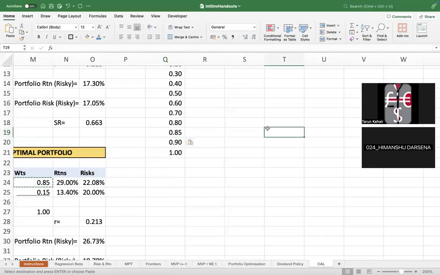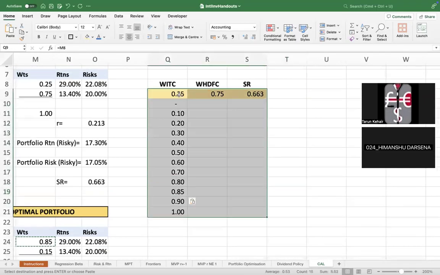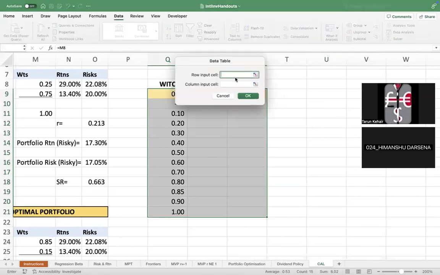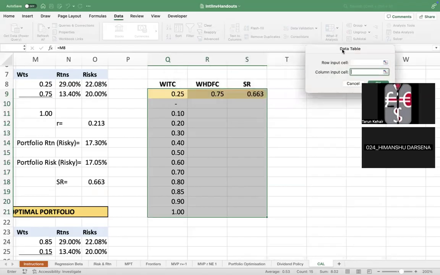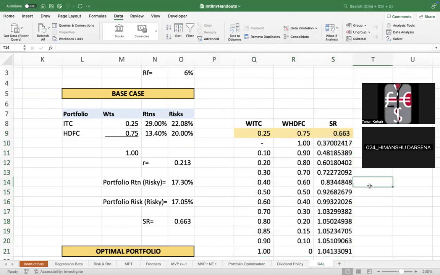Just to make sure कि वहां पे actually मेरा Sharpe's ratio maximum हो रहा है या नहीं. And now I can create the data table. So data, what-if analysis, data table, I link it to my only independent input in the base case, which is the weight of ITC. And I press OK, and I will get all my Sharpe's ratios.